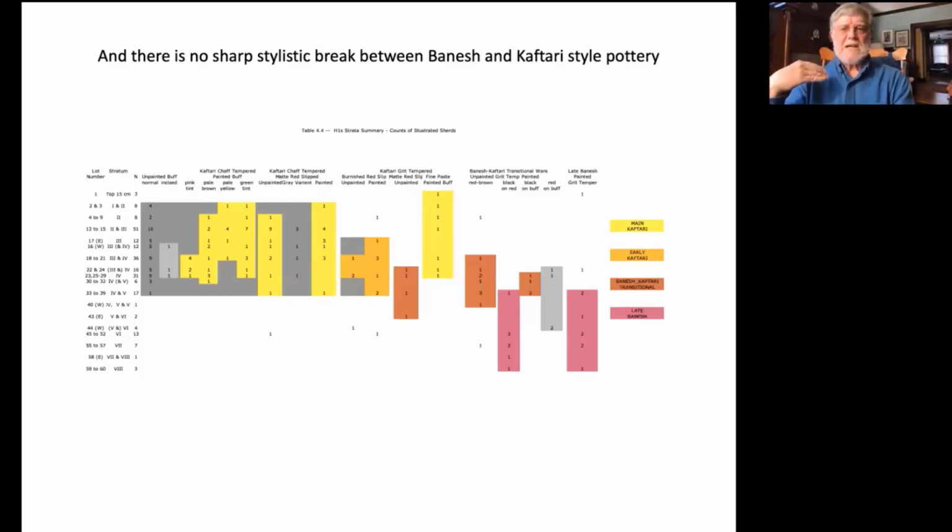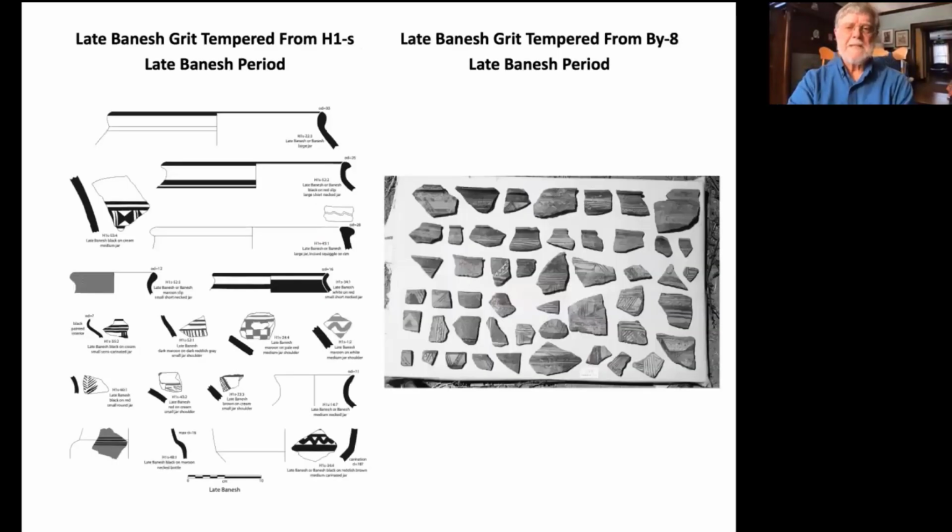This diagram, to me, shows ceramic continuity. There are no real evident stylistic gaps here. And now I'm going to briefly go down and look at some of the pottery that we're talking about. This is late Banesh grit-tempered pottery.